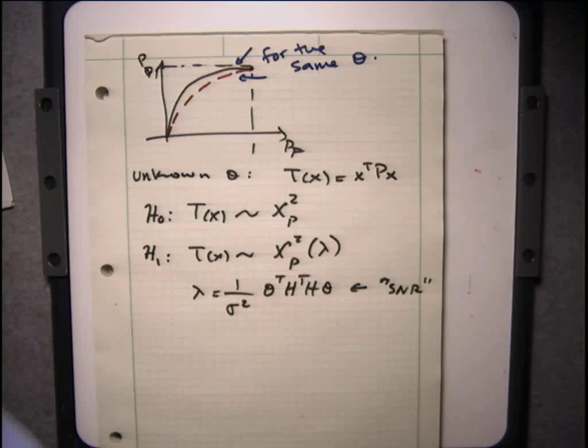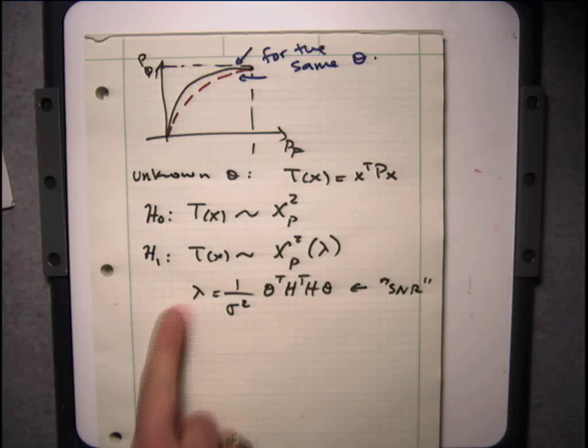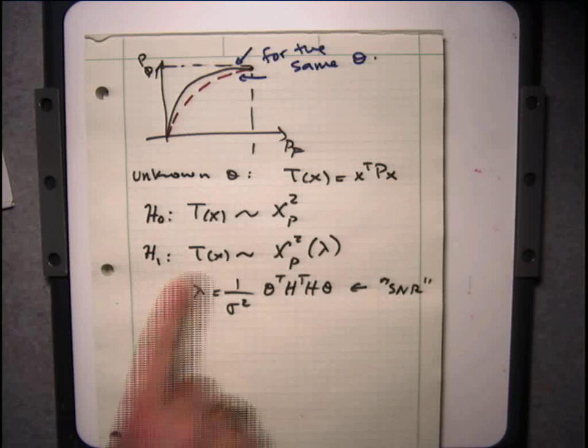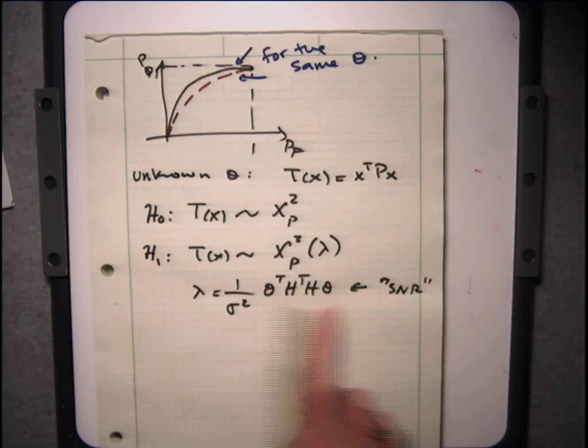If the parameter is really small, then it's going to perform not that differently. If the parameter is really large, then it's going to perform differently. You see what I mean? That just depends on the specific problem. In this case, the parameter that gives you this performance difference depends on the square of theta. In some other cases, it might be a very different function of theta.